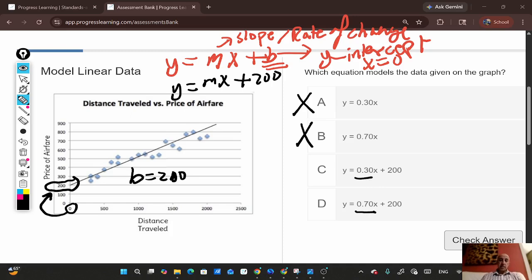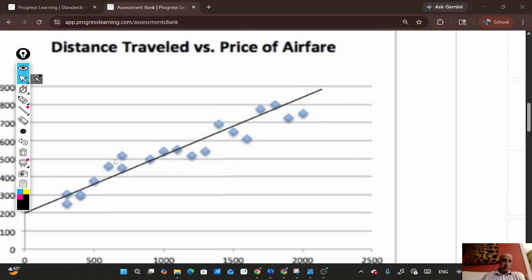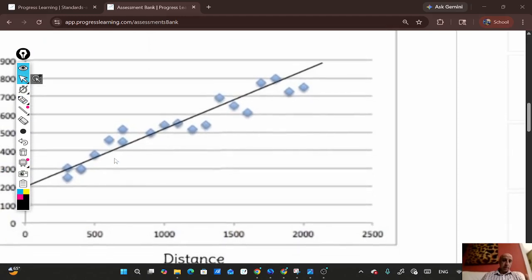One of the options is to use some of the points, try to find suitable points on the graph. Let's try with 1000.